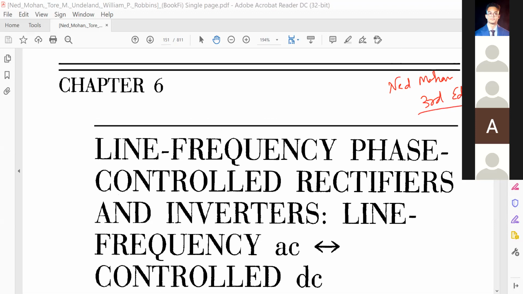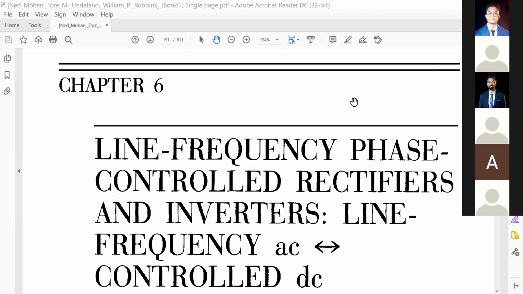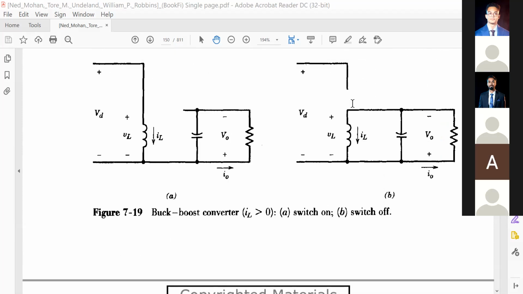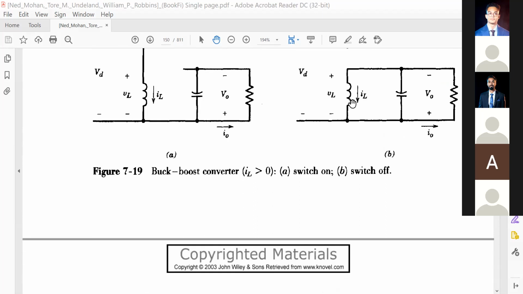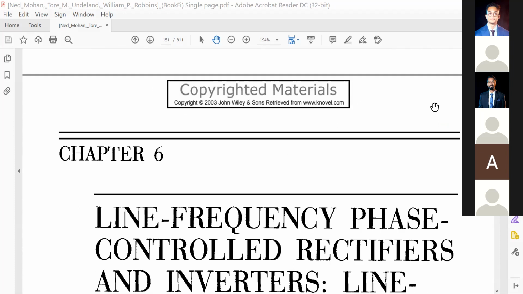In your PDF file, this chapter 6 has come after chapter 5, then chapter 7, then chapter 6 is there. So don't worry, when you check, it will come after chapter 7. You understand what I say? Did I give you the PDF file? No, sir. No? Okay. So did you get the PDF file?